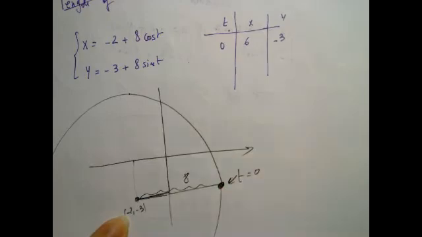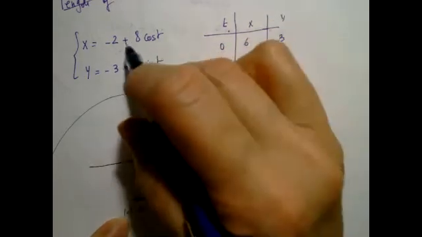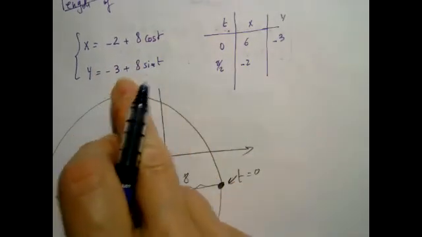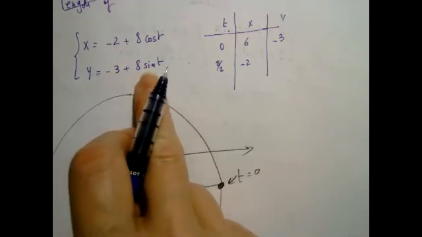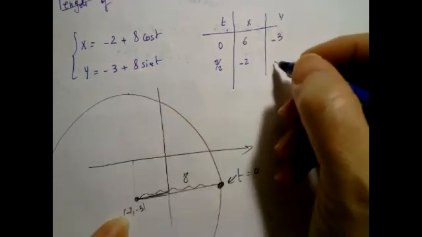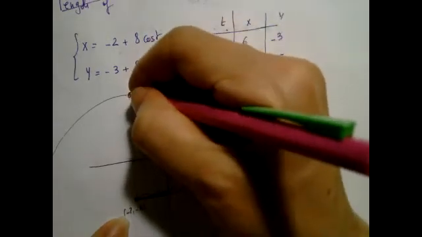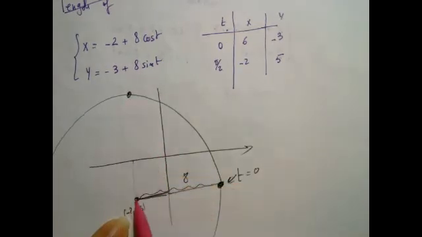I am right there. Now, if I take t equal pi over 2, I'm going to have a minus 2 in here because cosine pi over 2 is 0. And sine pi over 2 is a 1, minus 3 plus 8, which is going to give me a 5. And I know that this is the 5 right here. So at t equal pi over 2, we have minus 2 for the x.